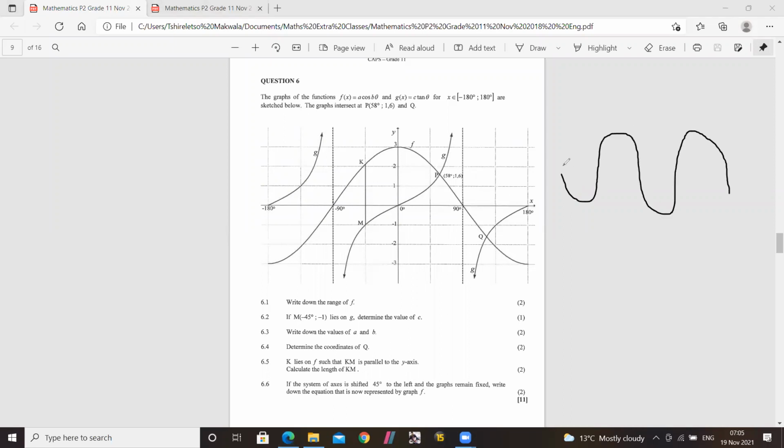Because a normal sine will be maybe the same way, but it won't go deep as much. Then this B only controls this part of the graph.